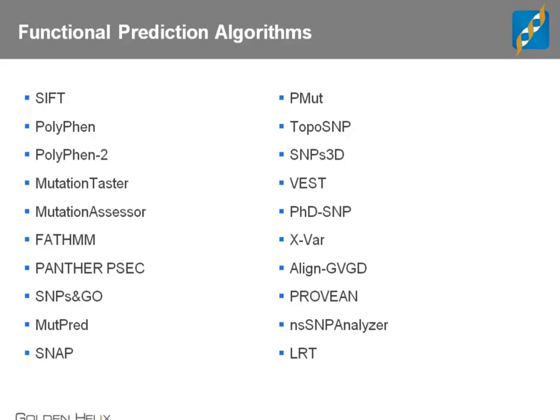The inspiration for talking about this particular subject today, functional predictions, came earlier this year when I was sitting in a seminar about analysis of somatic variation in cancer, where the presenter rather casually mentioned that PolyPhen-2 might be a little bit too biased toward germline analysis to be applicable to somatic variation.